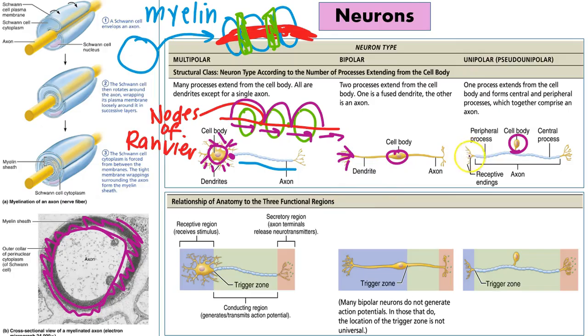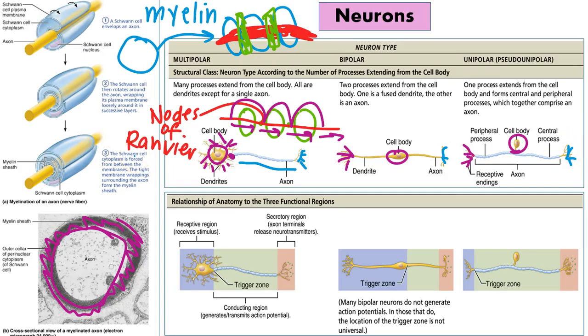And then we also have little receptive endings for the unipolar. And then finally, we need to have an area to transmit those signals. And so the transmitting area here is going to be at the axon terminal. It's going to be at the axon terminal here. And then finally, it's going to be at the axon terminal for the unipolar as well.